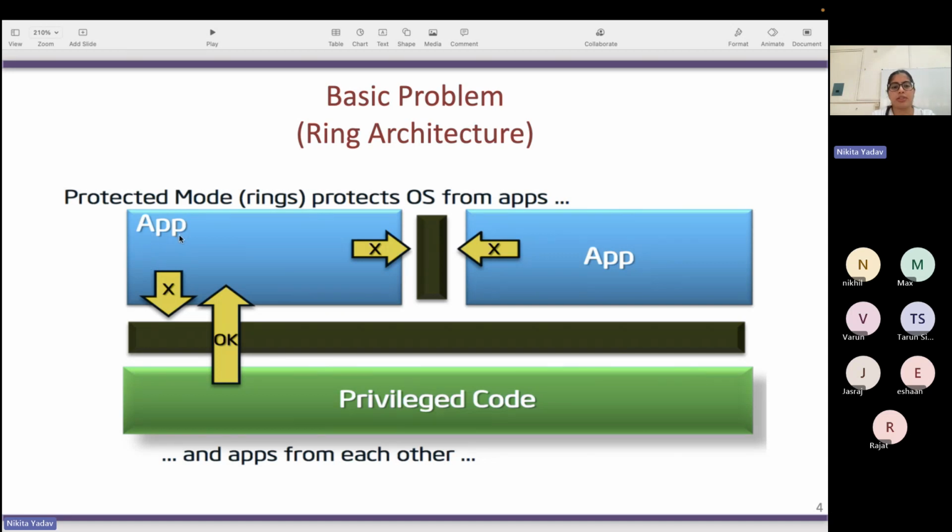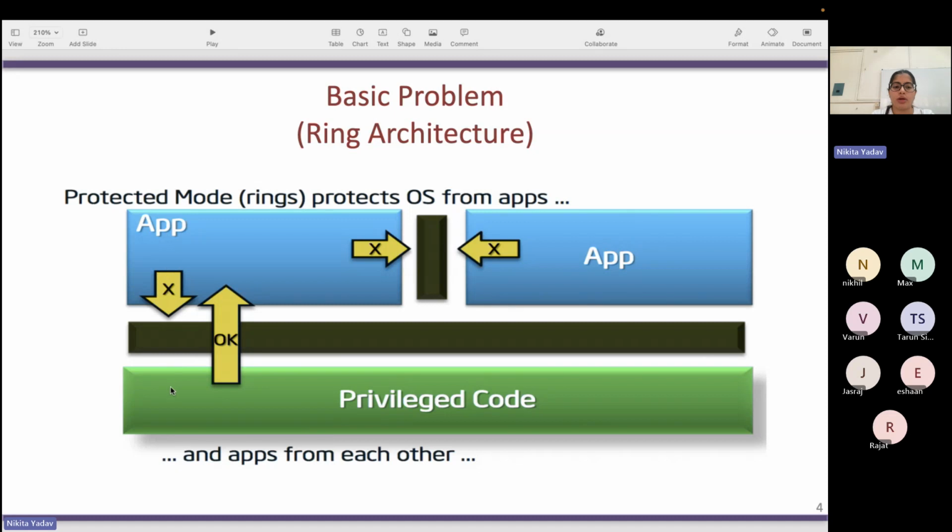And since the process is running in ring 3, it cannot access any hardware directly, and it cannot access any memory which doesn't belong to it. So the applications are isolated from each other, and the applications are isolated from the OS, and only the OS can access the application's memory.